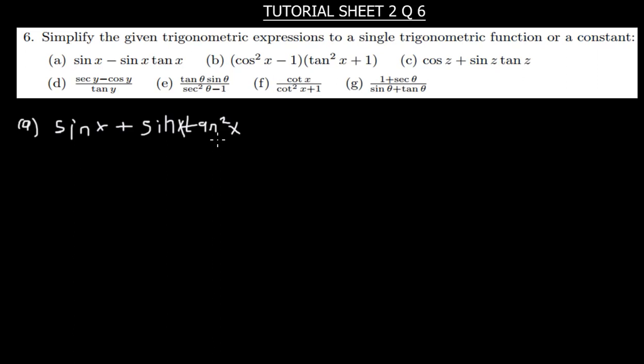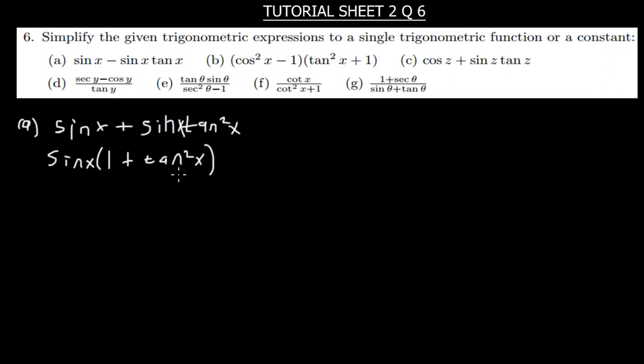If this is the way the question was, it would have been straightforward, because you first have to factor out this sine. When you factorize this, you have 1 plus tan squared x.